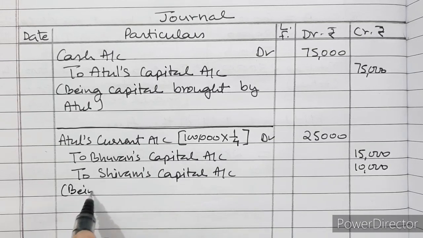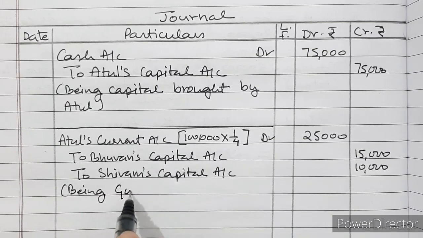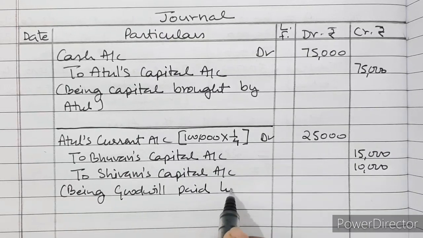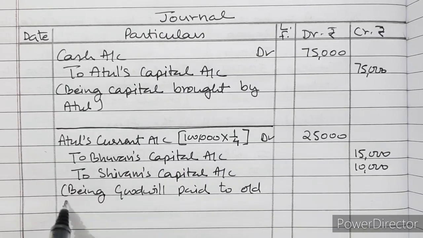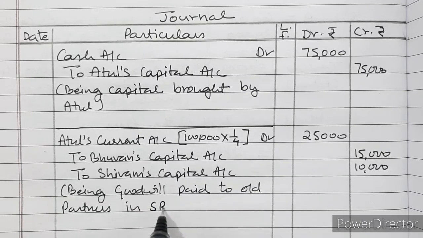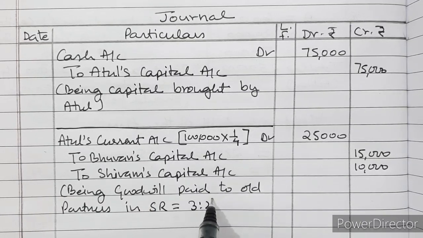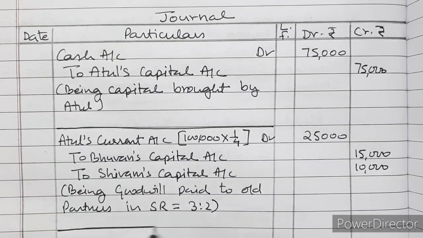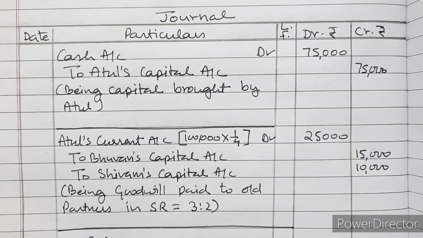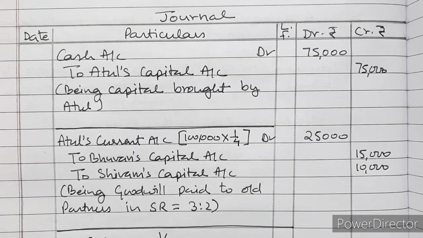Being goodwill paid to old partners in sacrificing ratio, which is equal to 3:2. How we got this 3:2? Because it is straightforwardly given in the question that old ratio was 3:2 and new partner is receiving 1/4.